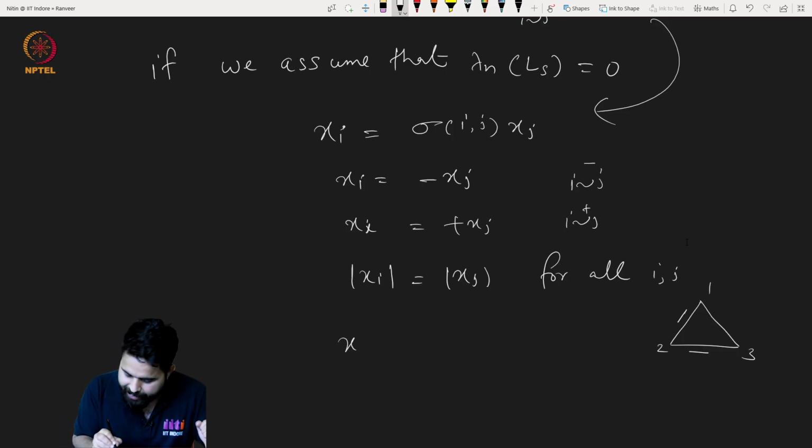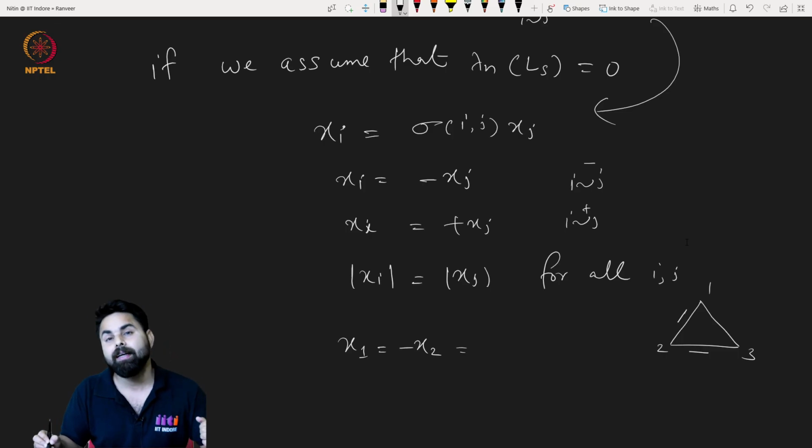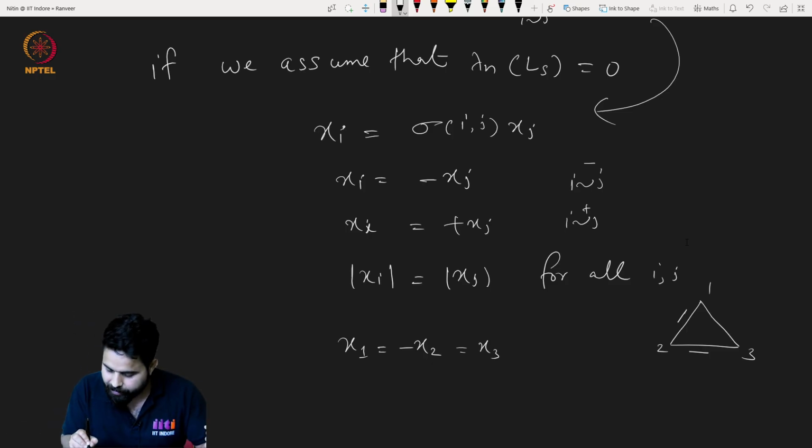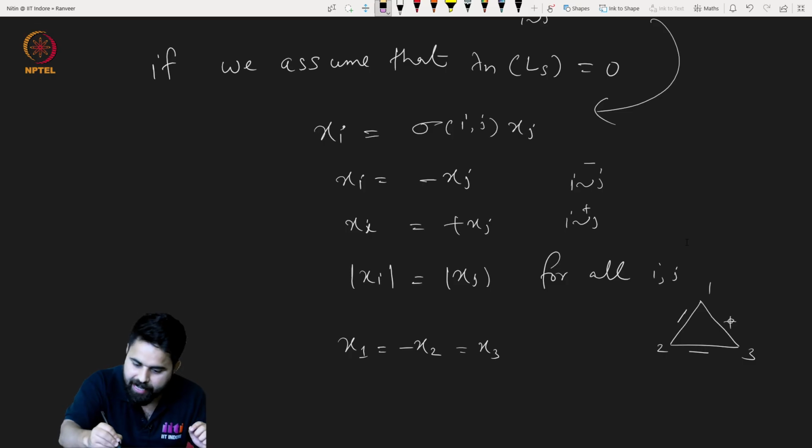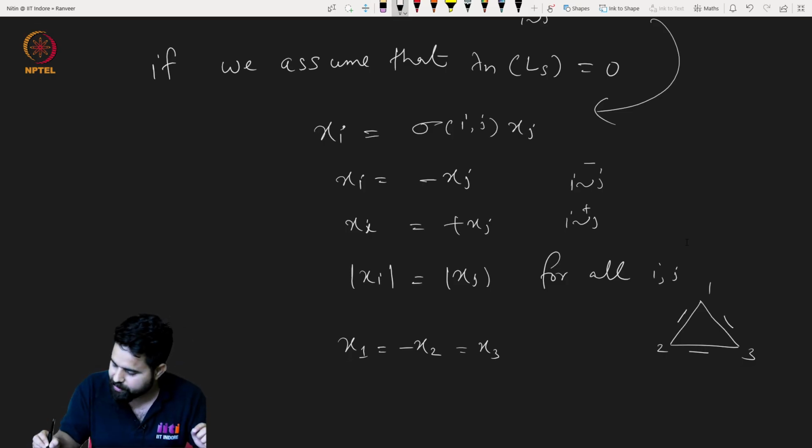If you see, x1 will be equal to minus x2, then minus x2 is again minus x3, and now this is plus. Sorry, there are an odd number of negative edges, so suppose this is the case.